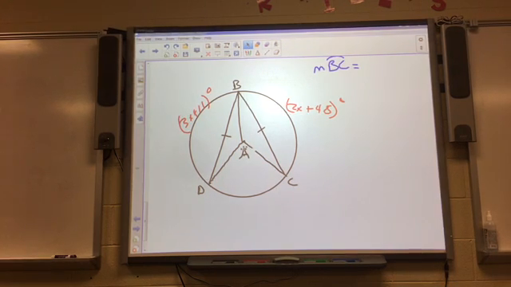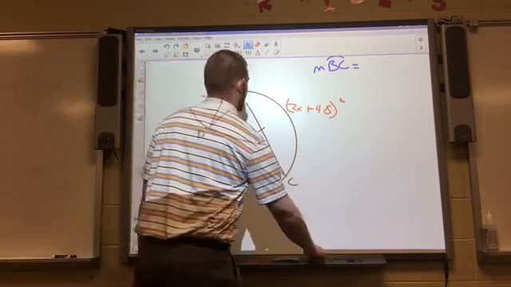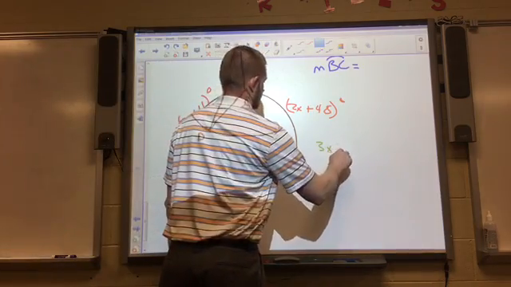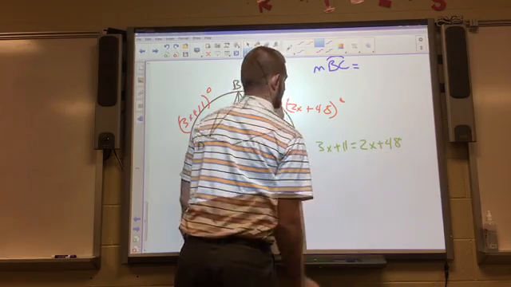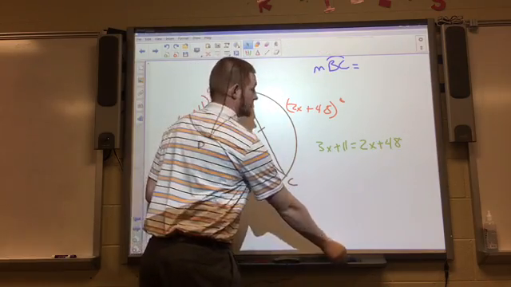Because if those are congruent, then I can set them equal to each other and solve, right? So I have 3x plus 11 equals 2x plus 48. Now I just have to start solving it.